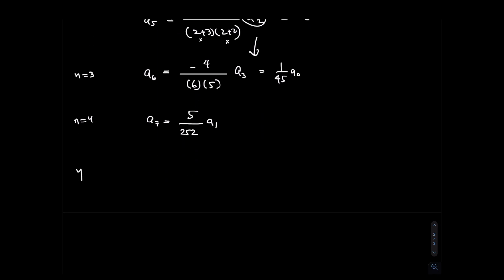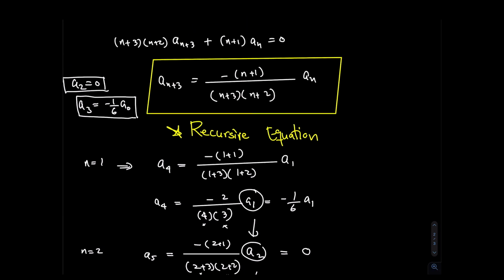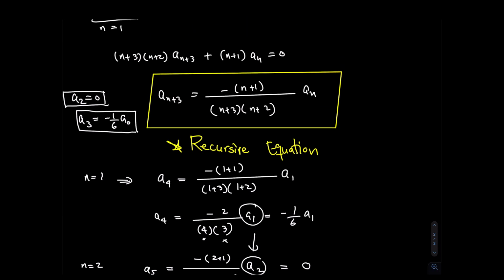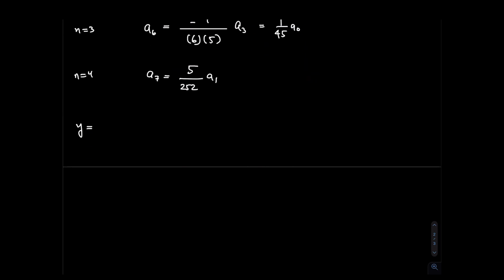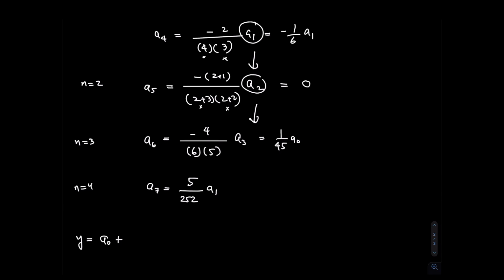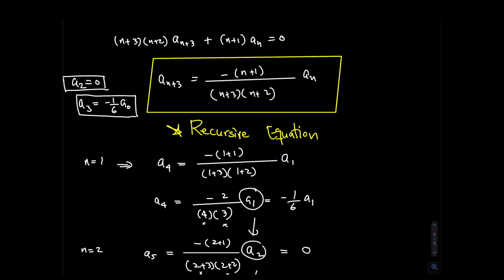So my y is equal to A0. Now my A0 is just A0. There's nowhere that says A0 is any particular value. So A0 plus A1x. Now my A1, I see that most of my constants are being written in terms of A1, so A1 is another constant that's just going to have to exist, so everything is written in terms of it.